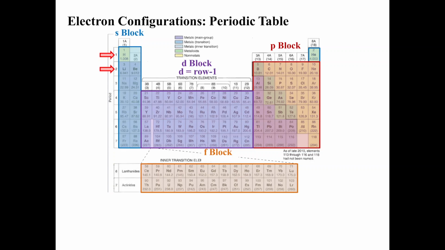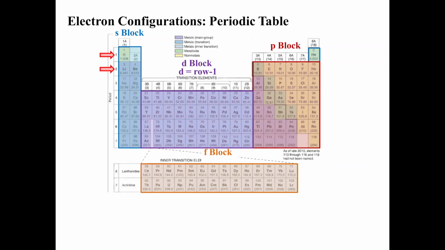So using this knowledge, you want to keep track of the fact that for your different rows, that is going to be whatever orbital you're in, with the exception of the d and f blocks. For the d block, you're going to do your row number minus 1, and that's going to tell you what number to put in front of your d orbitals.